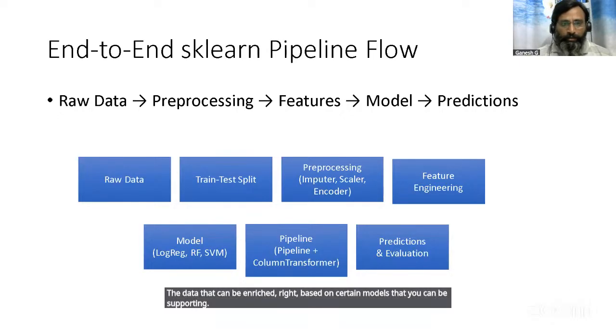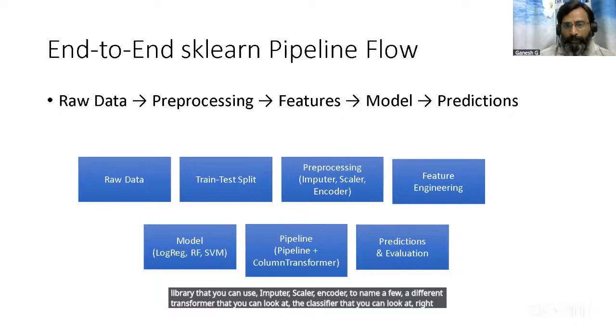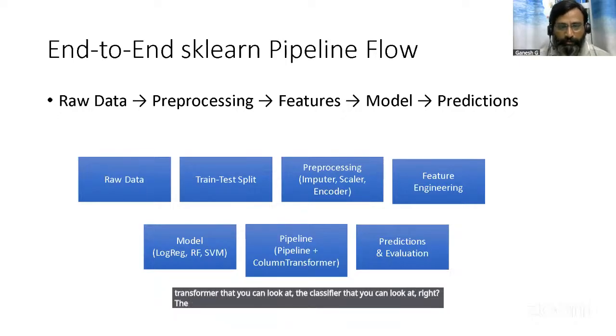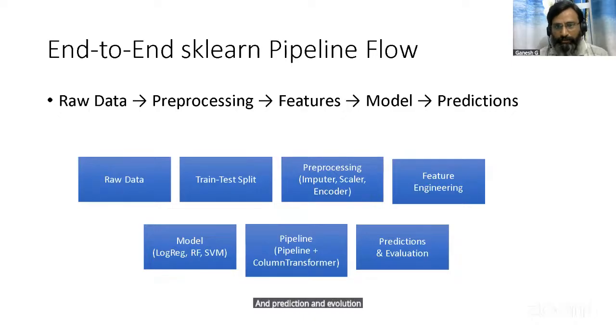So raw data, then you typically get to train and split. Then you have pre-processing, for which you can use multiple libraries: imputer, scaler, encoder, to name a few. Different transformers, the classifier, the feature engineering, then it moves to the model pipeline, prediction, and evaluation. That's what the sklearn pipeline really talks about.